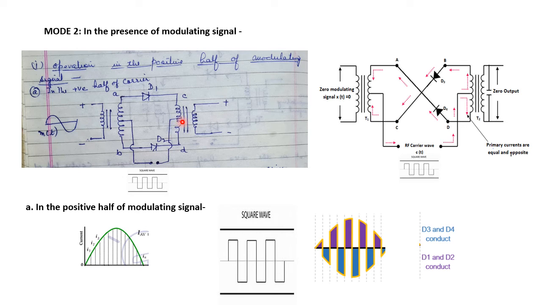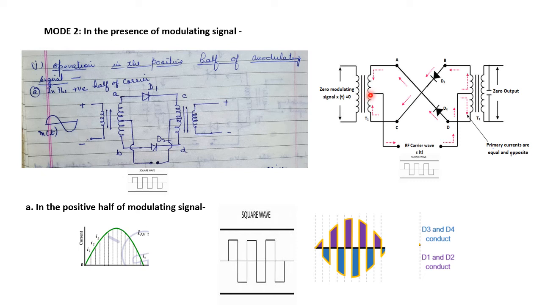Therefore, the diodes D1 and D2 will be in the reverse bias. Therefore, through these two diodes, current will not flow when the negative pulse of the carrier wave is being applied. But there are two more diodes present in the circuit, diode D3 and diode D4.